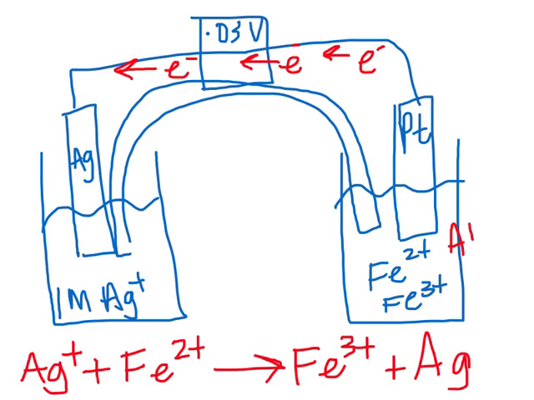So the anode here is going to be on the left. And then the cathode is where reduction happens, so the cathode is the silver compartment. And those are all of the elements of describing an electrochemical cell.